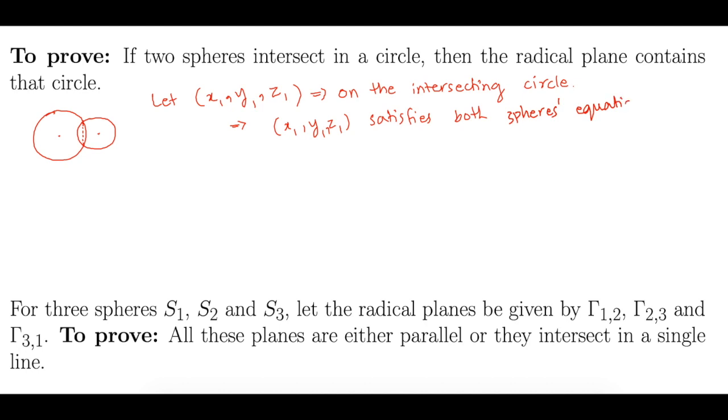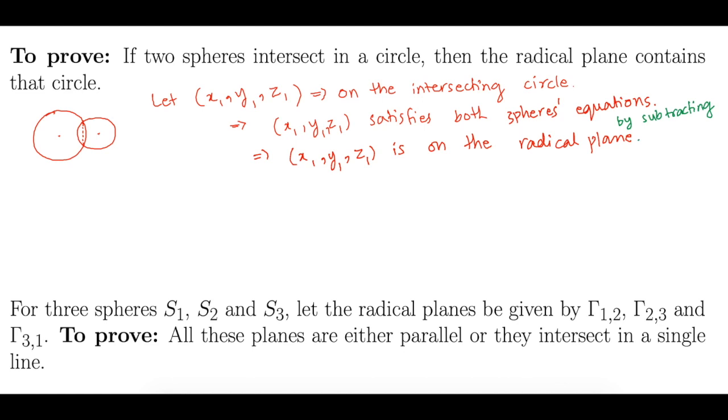So again, if we subtract those equations, we can say that if this is on the intersecting circle, this means x1, y1, z1 is on the radical plane. Correct? So this is by subtracting. Same story.